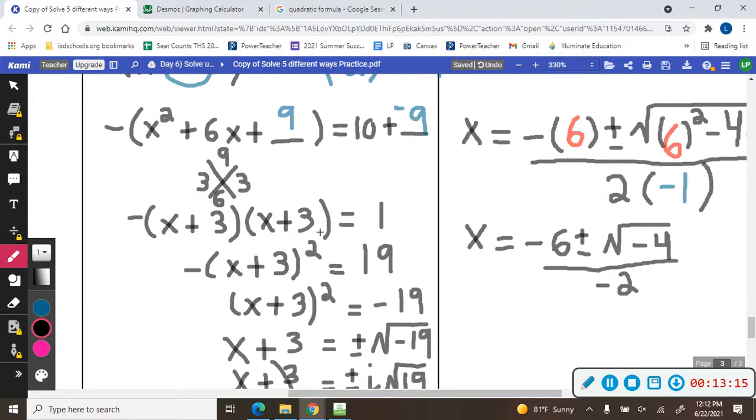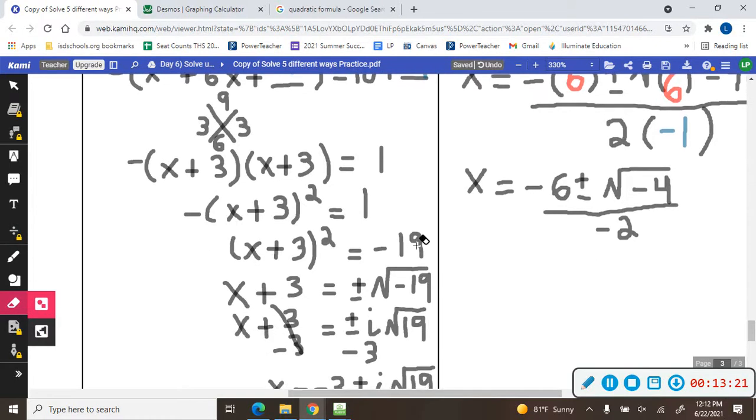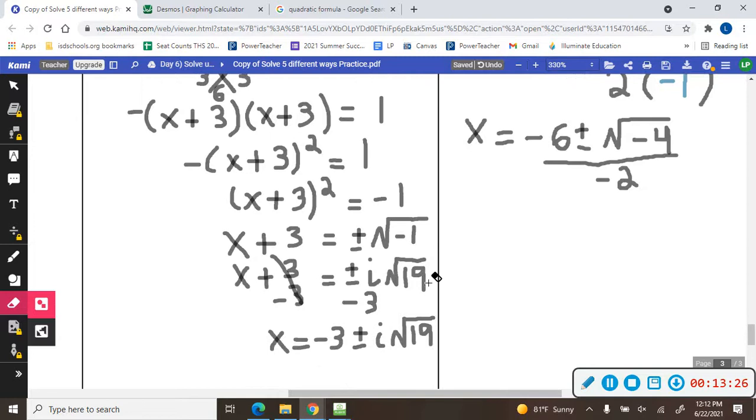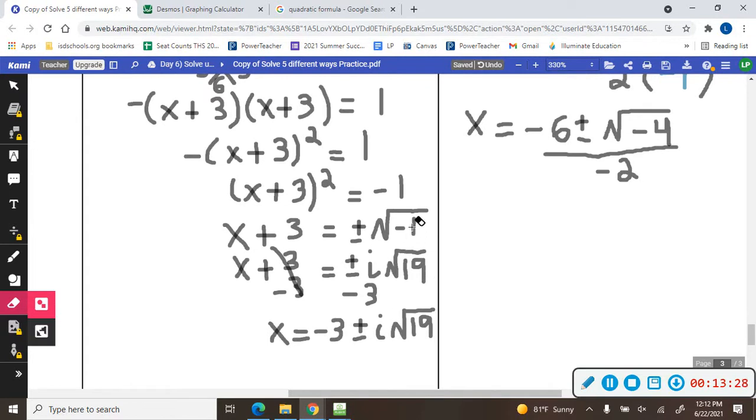And then when I divided by negative, that should have been a -1. That should be the square root of -1, which would be plus or minus 1i.